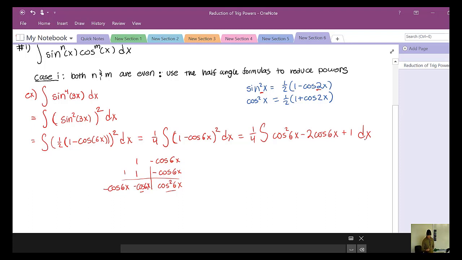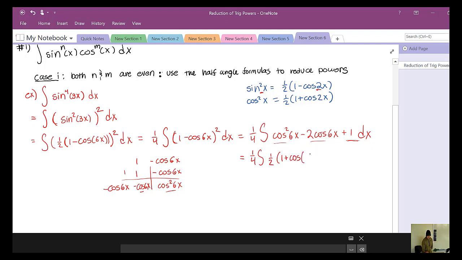So we can see that, out of these three integrals, the 1 and the -2 cosine of 6x aren't too hard. This one you should know by heart, and this one you can either see or do one u substitution with u equals 6x, but it's not a very difficult integral. How can we fix cosine squared of 6x? Right, we have to apply the formula again. So this time, cosine squared of 6x becomes 1/2 times 1 plus cosine of, in this case, what's double 6?